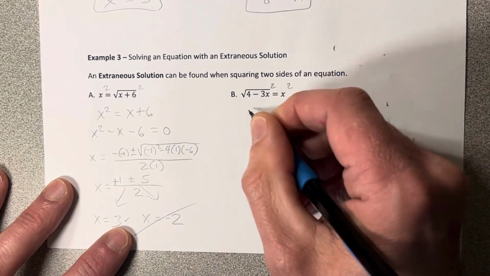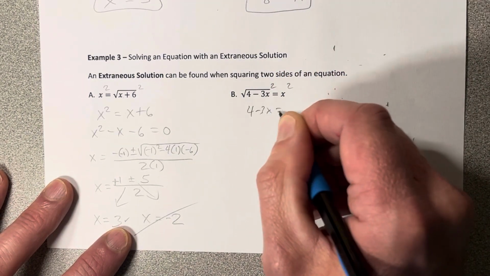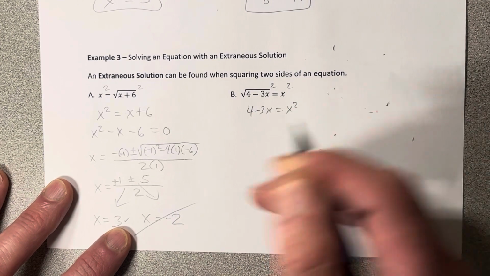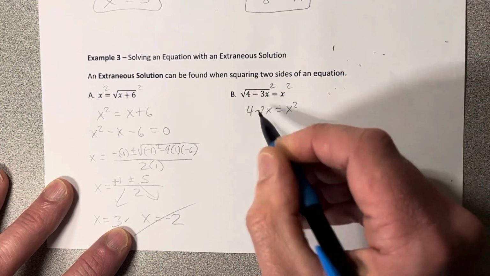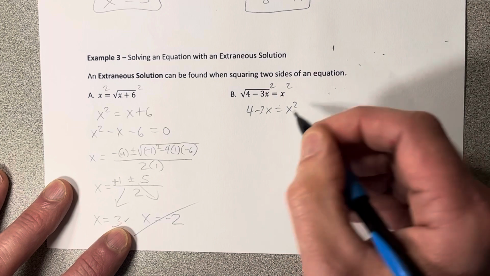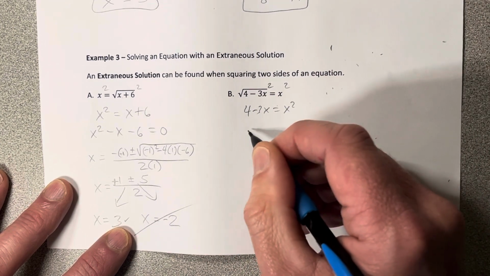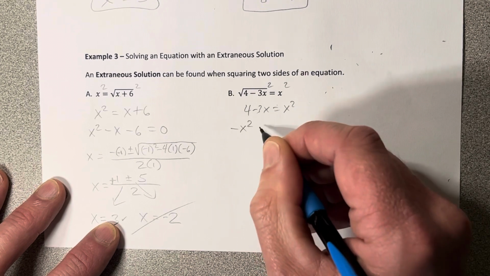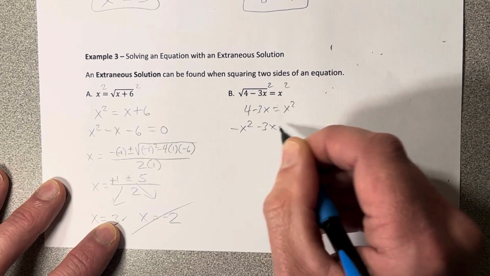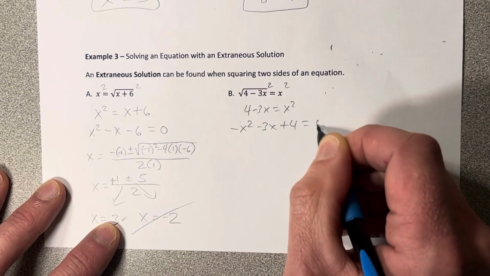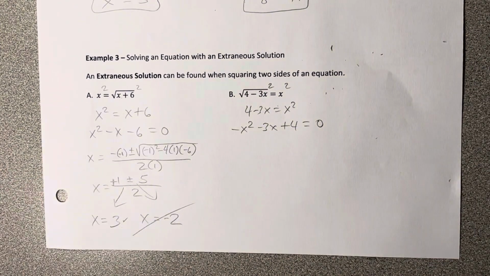Square both sides. 4 minus 3x equals x squared. Maybe get it equal to 0. Yeah, I guess I'll be ornery. I'll put it negative x squared minus 3x plus 4 equal to 0. We could do the quadratic formula.